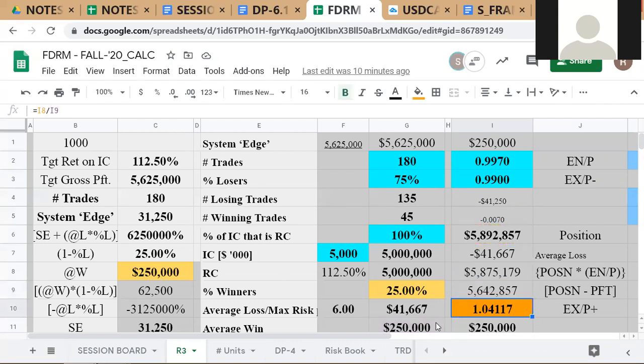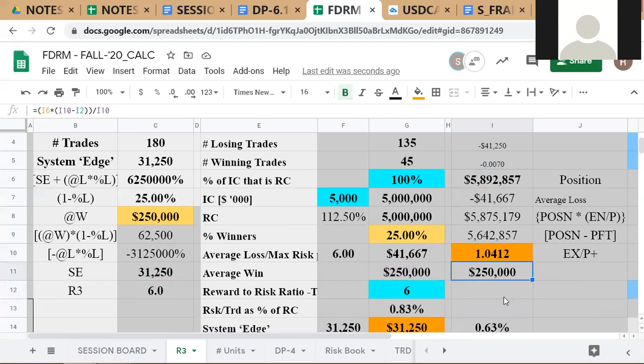So this is the position minus profit, and that gives you an exit price of 104.12. Let's say. In Canada, it's not a display, so we can actually 104.12.